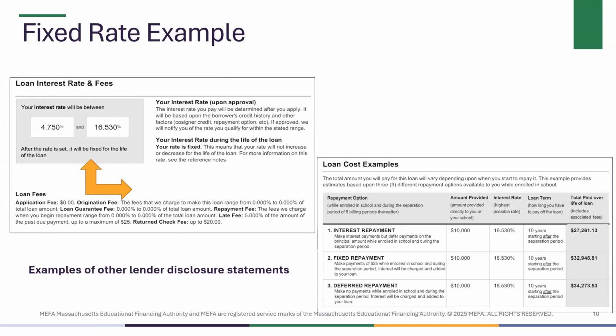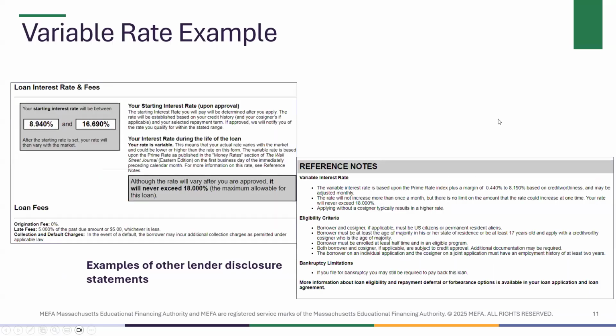So you really want to look at that range of interest rates and know what is that highest cost that it could be. You'll find out what your actual rate is when you apply, but you can see the total cost for each repayment option for this lender. That $10,000 loan could cost anywhere from $27,000 to $34,000, depending on the repayment option this family chooses.